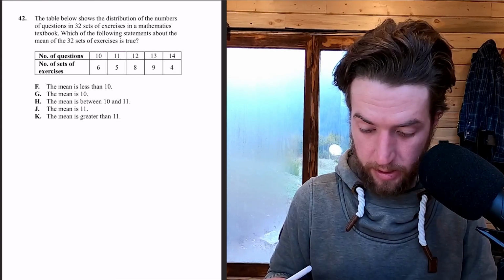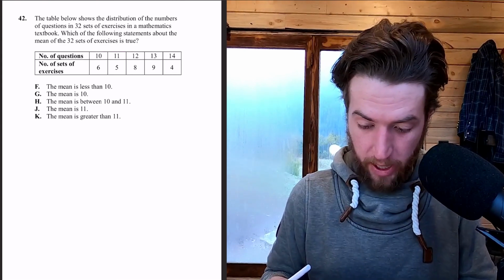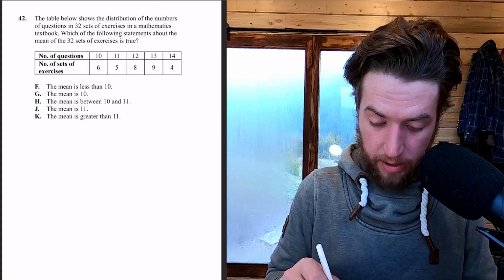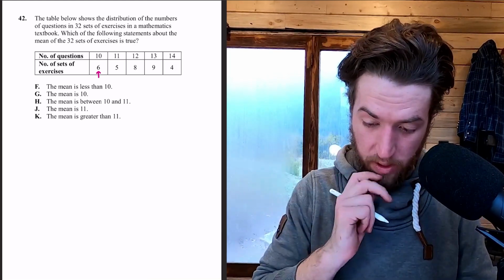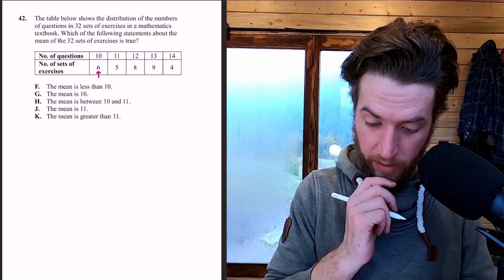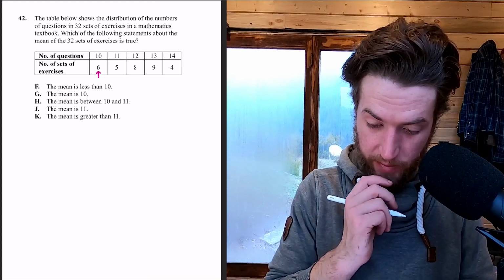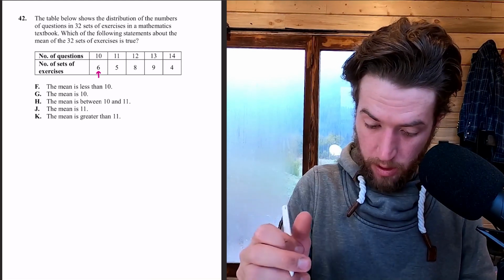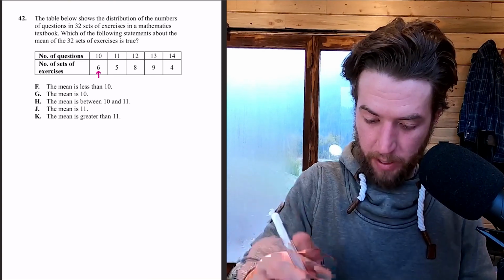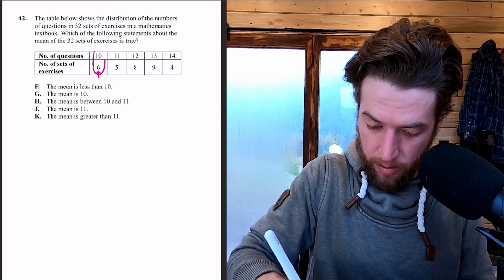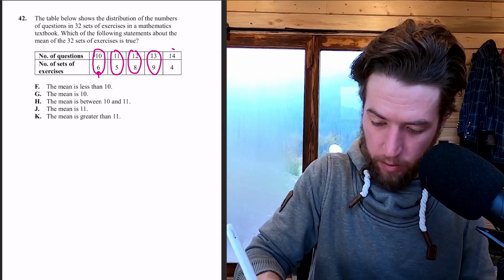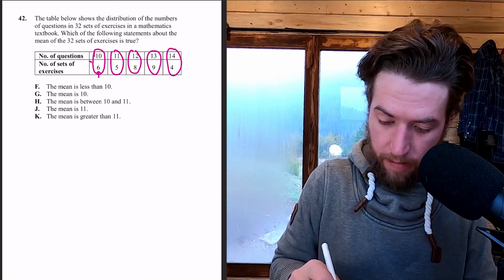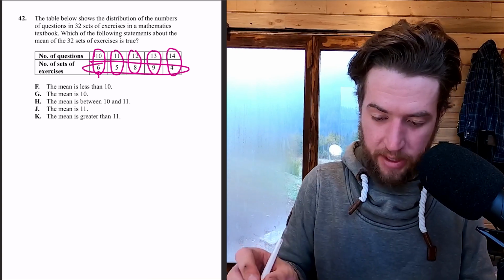of exercises. Okay, so we have this many questions and they appear this many times. Okay. So which of the following statements about the mean of the 32 sets of exercises is true? Okay, so if we wanted to find the mean, we would multiply top by bottom, over and over and over, add those all together, and then divide by the total number of sets.